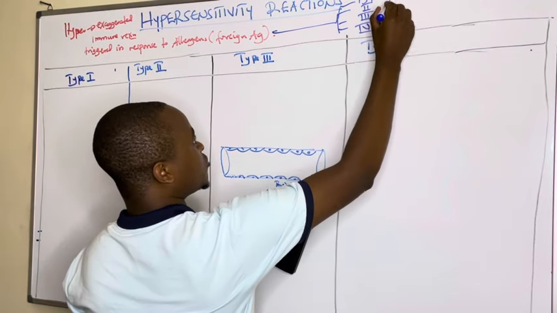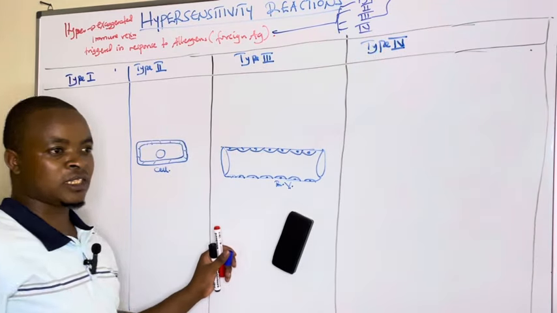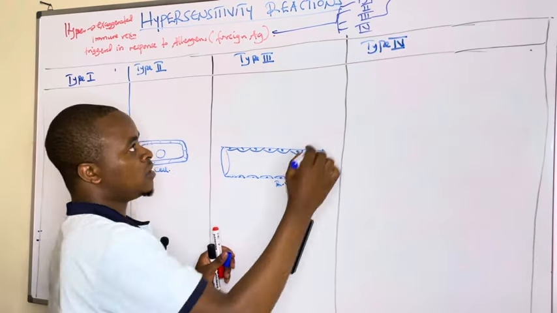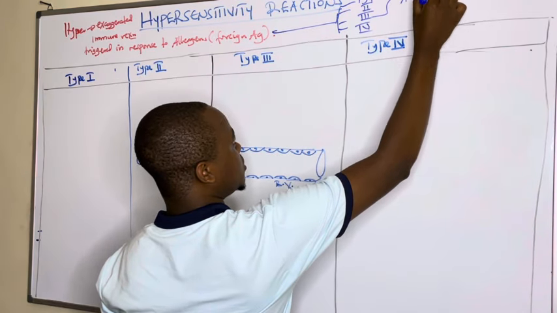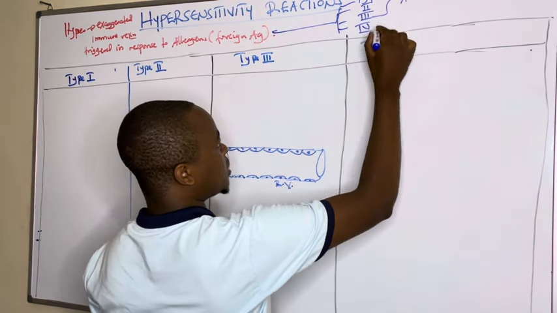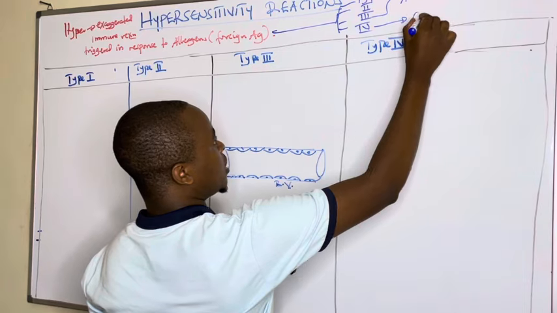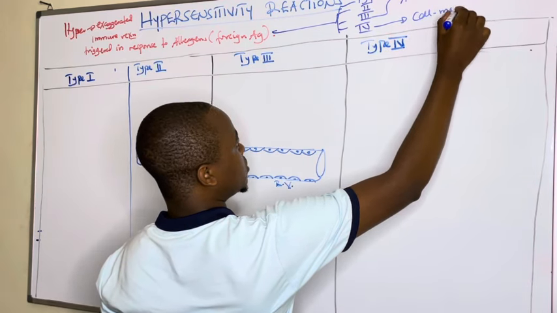Whereby type 1 to type 3 are antibody mediated. These ones are humoral, or what we call antibody mediated, whereas type 4 is cell mediated.